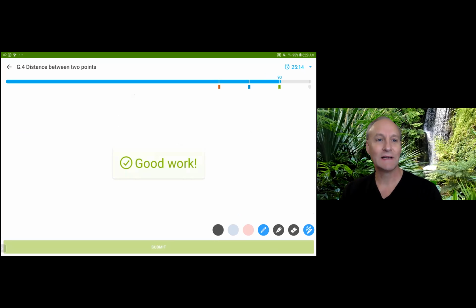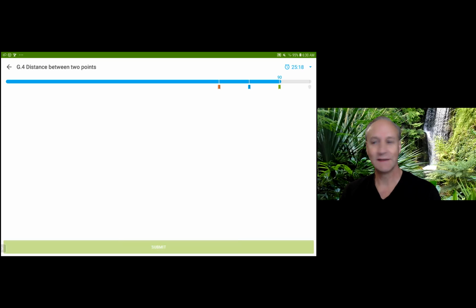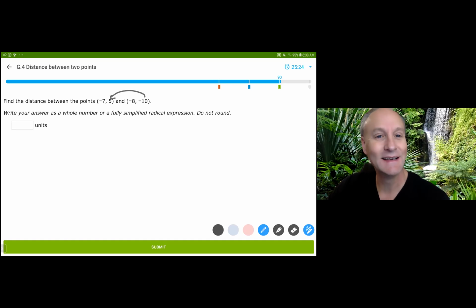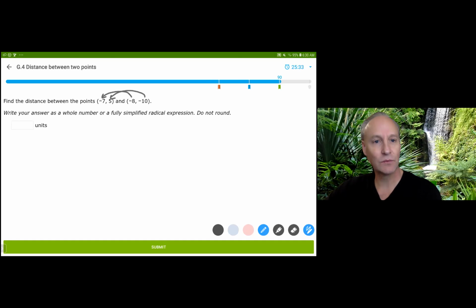What I'm hoping is you guys will like these. Hopefully it didn't take you too long to learn them. Looks like we're looking at 15. Can you square 15? It's 225. And negative 8 minus 7 is just 1. So it looks like we're looking at the square root of 226.